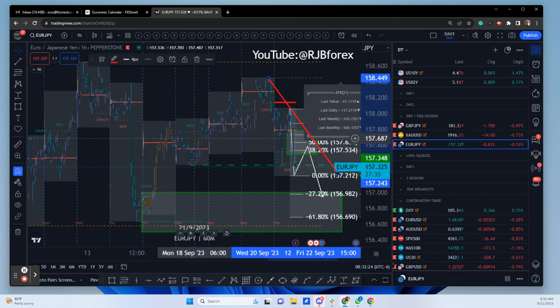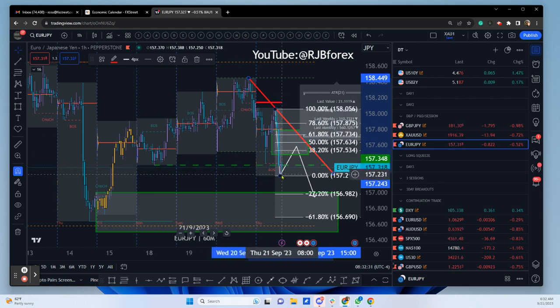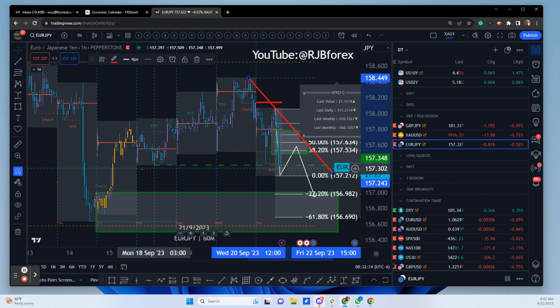We've broken structure over here with this move lower. We've got all of this down here to target.